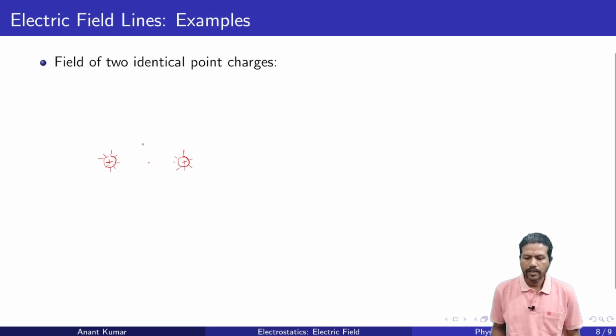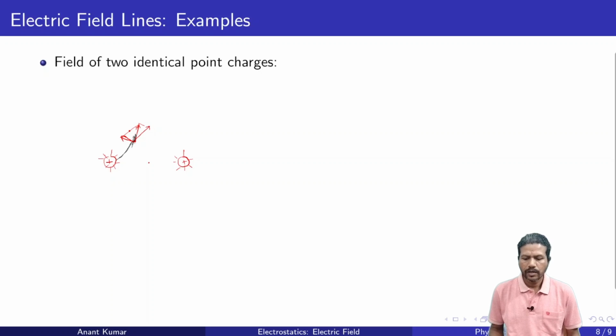But then as I go, for example, to a point over here, which is closer to the charge on the left, the electric field vector because of this left charge will be pointing this way, while that because of the right one will be a bit smaller, radially away but a bit smaller. And therefore the vector sum will point in this direction, which implies that at this particular point the tangent line must be like this.